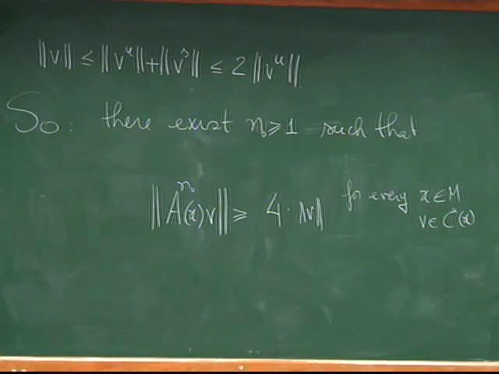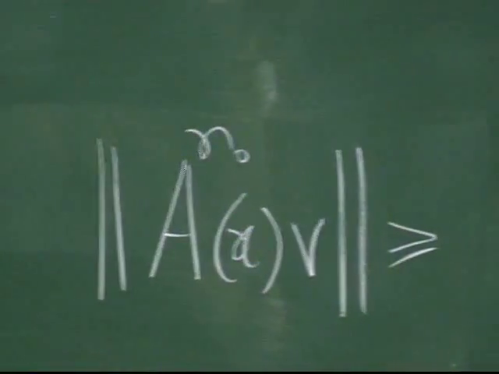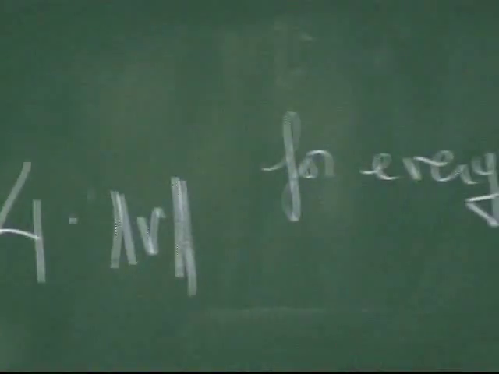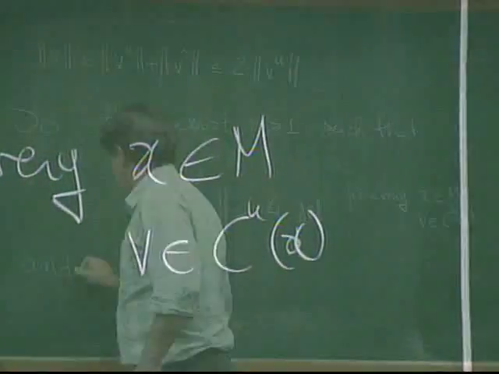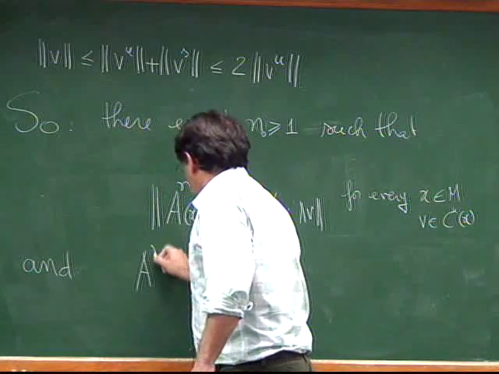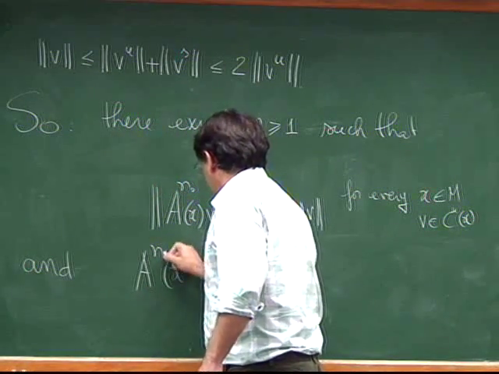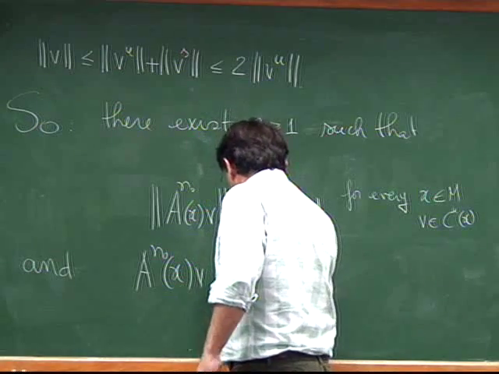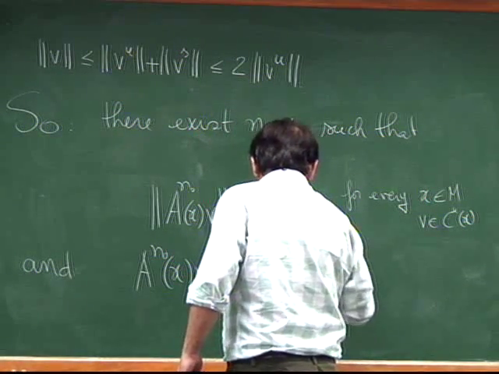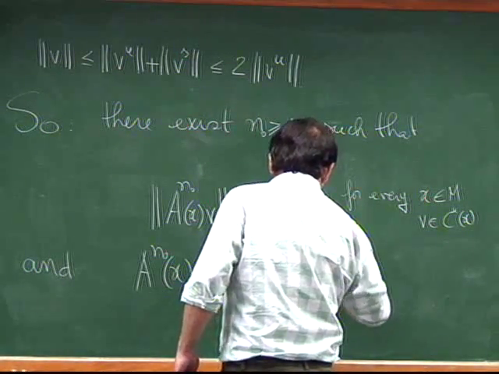Now, there's another thing that we proved, although I didn't say it: A_n(x) applied to v belongs to the cone of f^n(x).